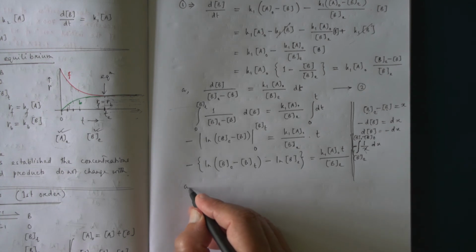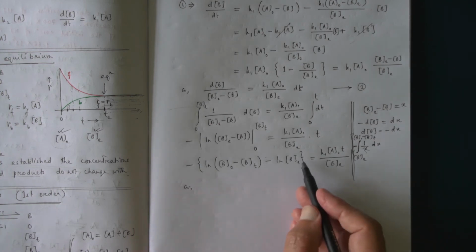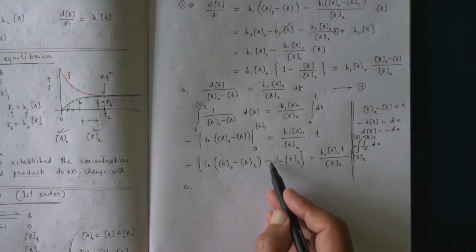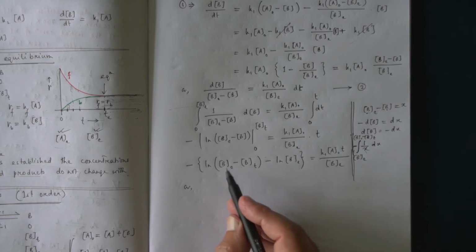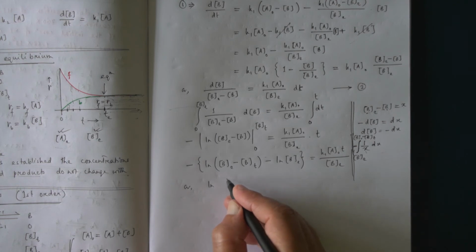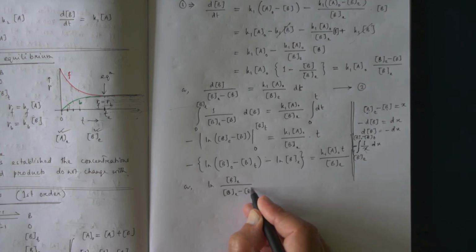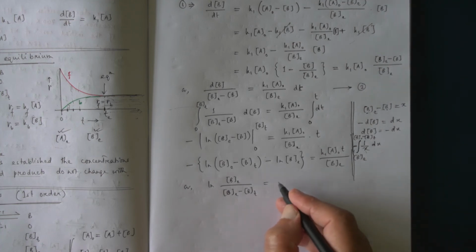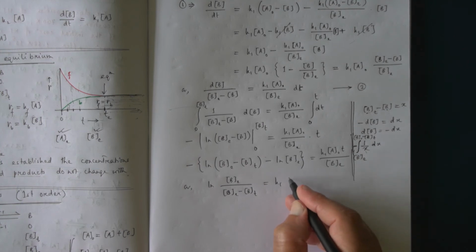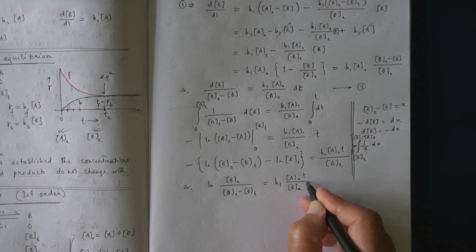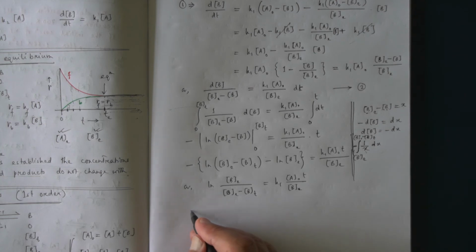Or you remove the minus bracket, then this will be minus, this will be plus. So log m minus log n equal to ln be by (be minus bt) equal to k1 a naught t by be.